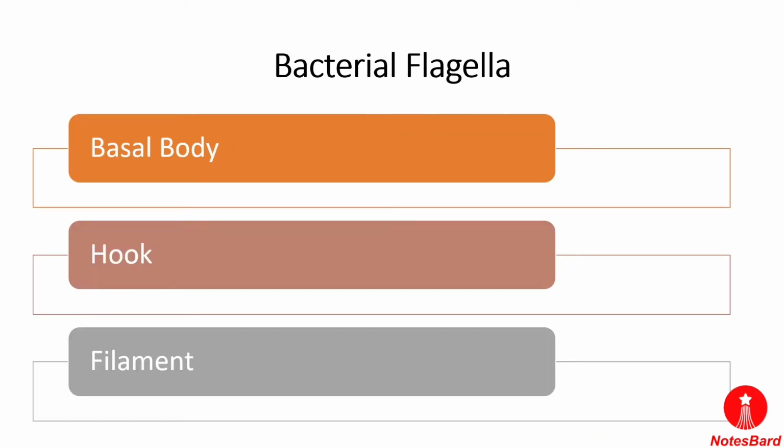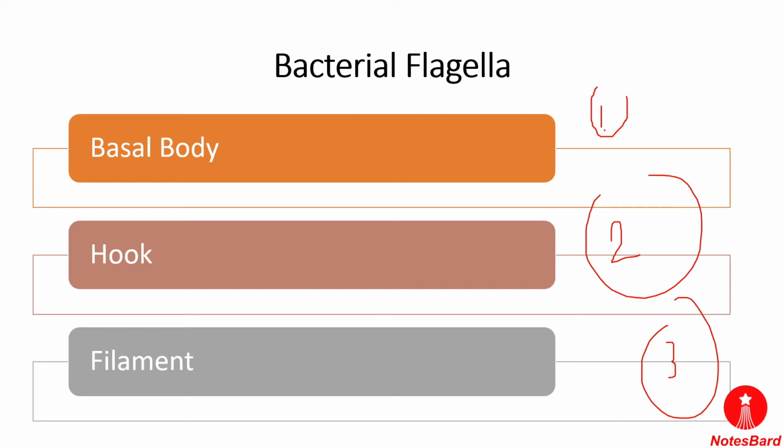Now we will be discussing the bacterial flagella in detail. The flagellum is a helical structure composed of the flagellin protein. The bacterial flagella are further divided into three parts: basal body, hook, and filament. The basal body is attached to the cell membrane and the cytoplasmic membrane.